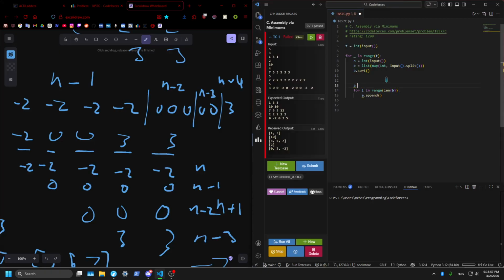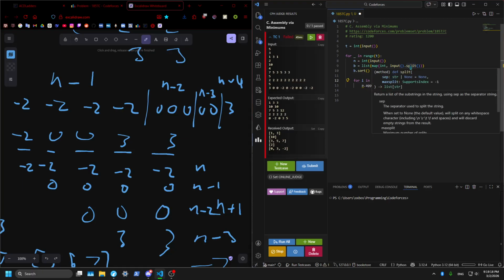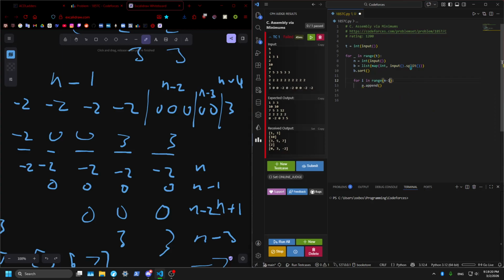Groups. For i in range n minus 1, print.